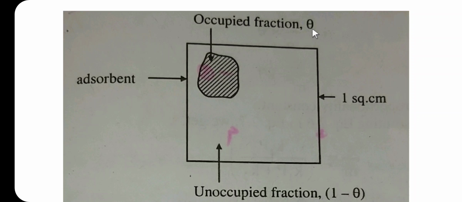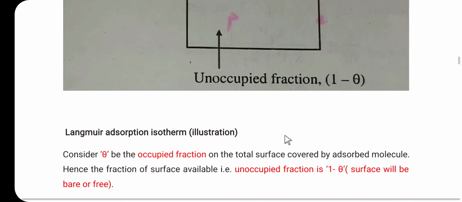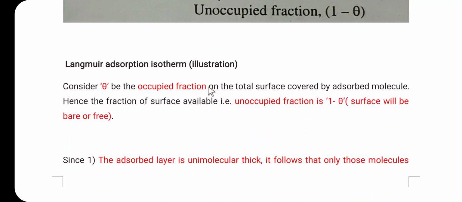These are the two important terms, theta and 1 minus theta. Theta is the occupied fraction of the adsorbent by the adsorbate, and 1 minus theta is the unoccupied fraction, that is, the surface that is free or bare and available for adsorption.